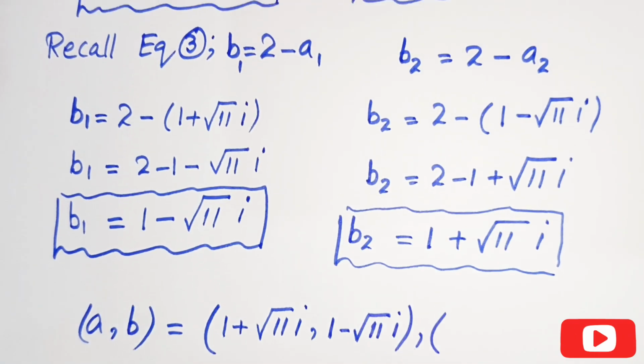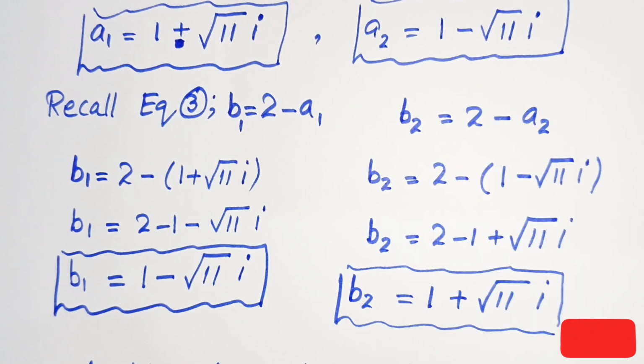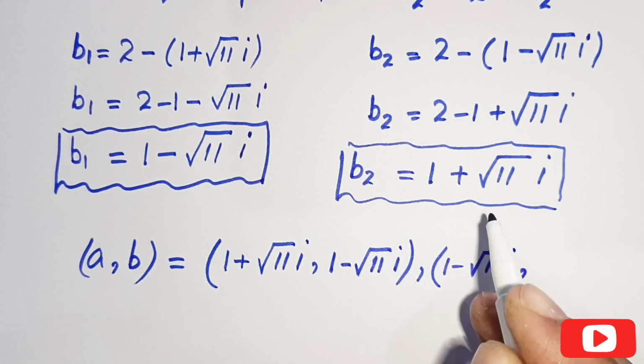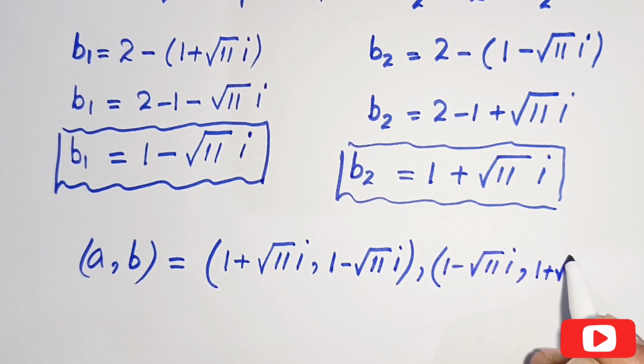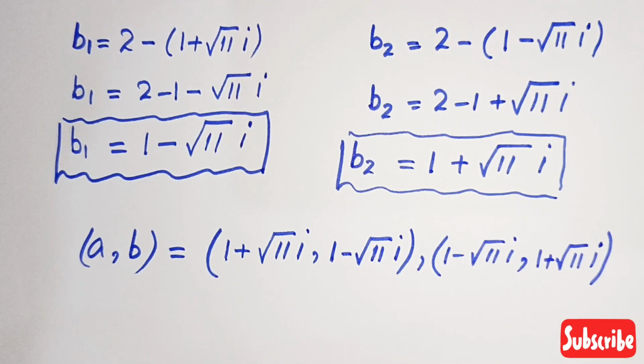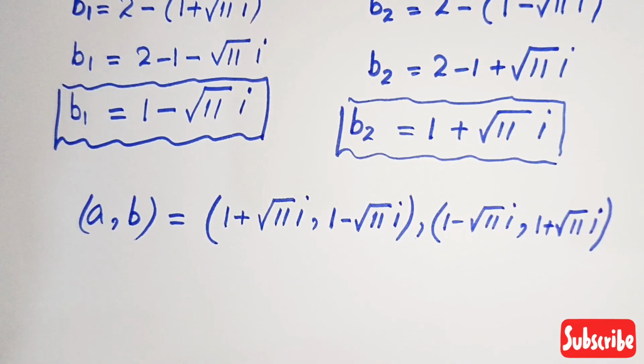Similarly the value of a2 is 1 minus square root of 11i, and the value of b2 will be 1 plus square root of 11i. So it is our value of a and b. We have two pairs of values: first, a is 1 plus square root of 11i and b is 1 minus square root of 11i. Similarly, a is 1 minus square root of 11i and b is 1 plus square root of 11i.